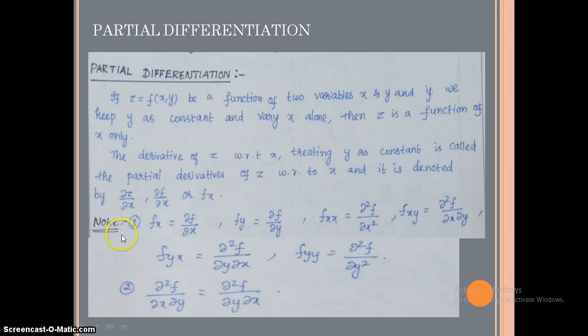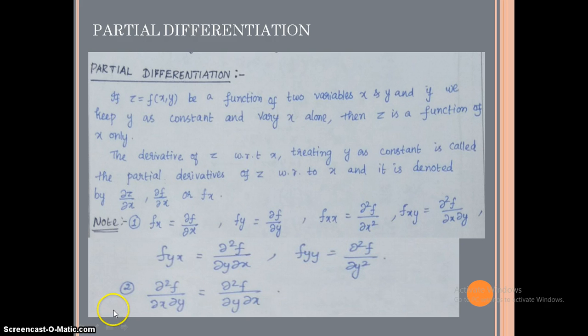Note here, fx can be replaced by dou f by dou x, fy is dou f by dou y. f double x means second order, dou square f by dou x square. Then fxy equals dou square f divided by dou x dou y, fyx equals dou square f divided by dou y dou x, and f double y means dou square f by dou y square.